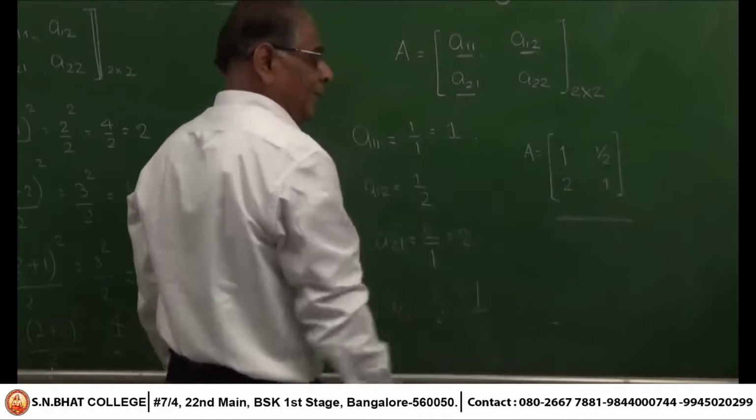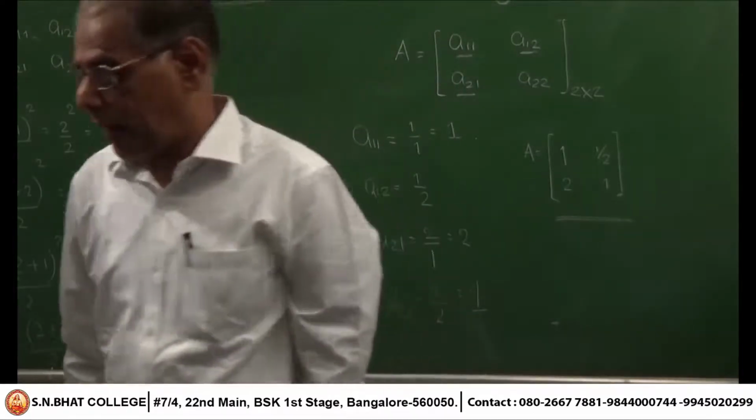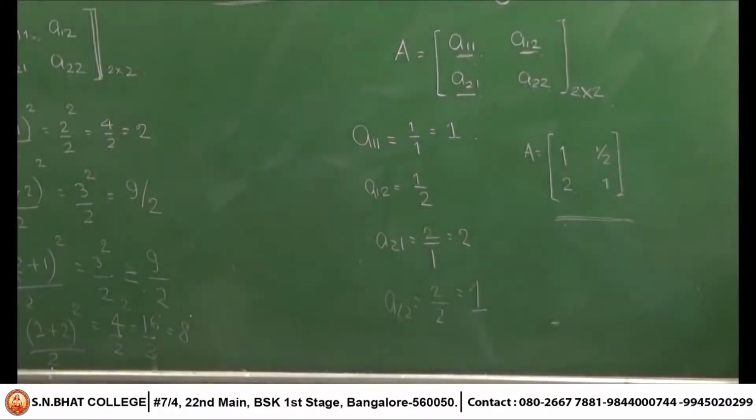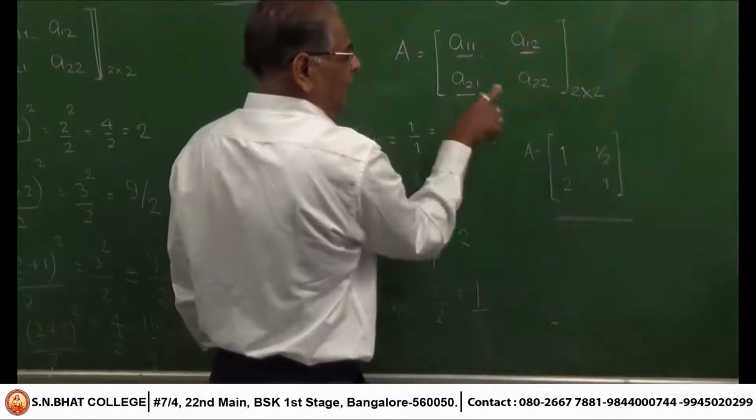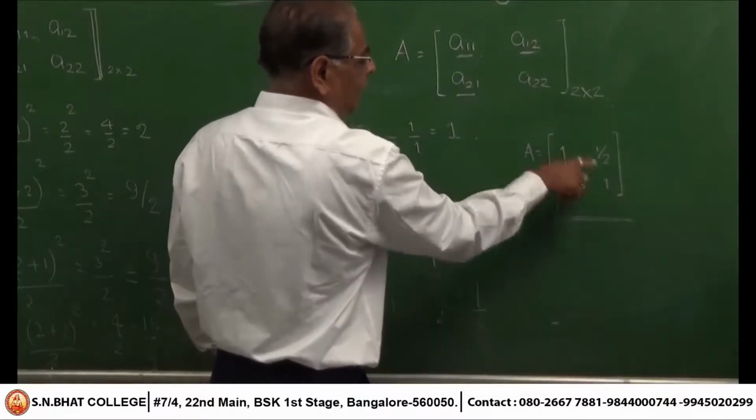You have to write this matrix. Final answer A is: A11 is 1, A12 is half, A21 is 2, A22 is 1.